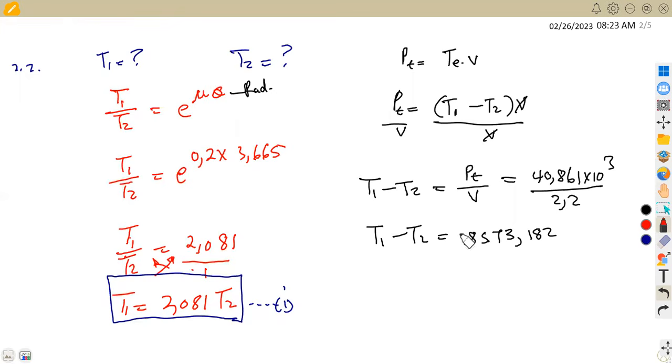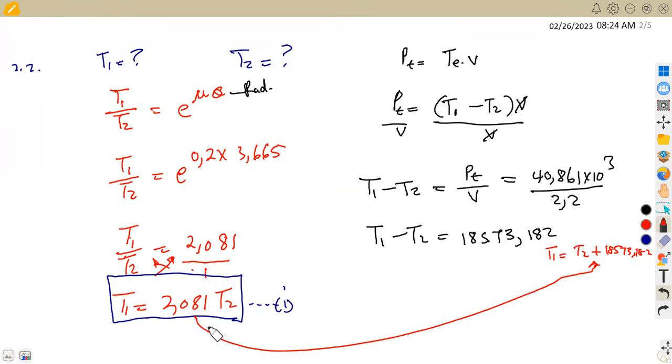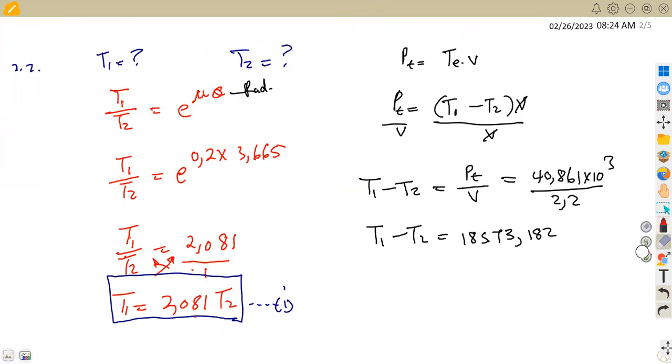What I'm trying to say is that if we have this equation as T1 is equal to T2 plus 18573.182, you can equate these two, then find your T2. Or, since here we already have T1 as the subject, we can take advantage of this.